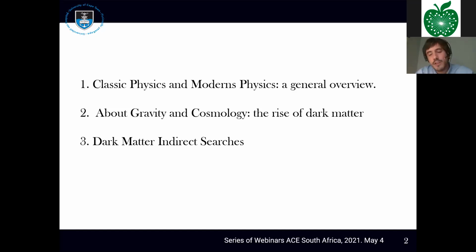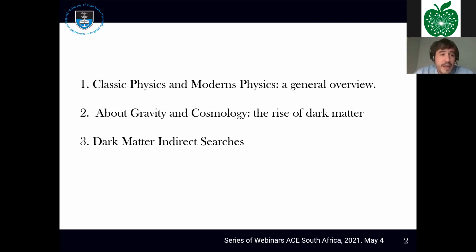At the beginning, I was not sure whether to include this part, but I think it's going to give some extra clarification for the things we will see later, and it will also be useful for those people who don't work in physics every day. In the second part, I'm going to give a general idea about gravity and cosmology, and we will see how the concept of dark matter emerged from these two formalisms.